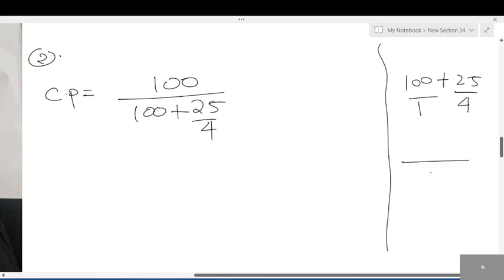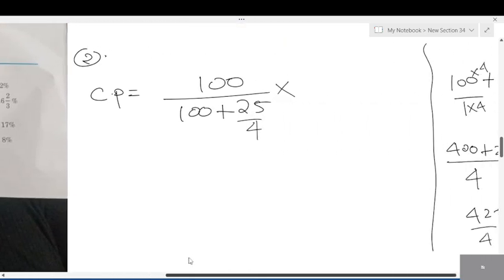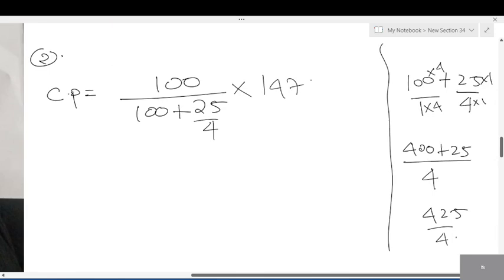Don't write anything. I want you all to respond. 4 is the LCM. How many times do I have to multiply? Into 1. So 4 into 100. So what's the LCM? Okay. What was the selling price given? 147. 147. Okay.